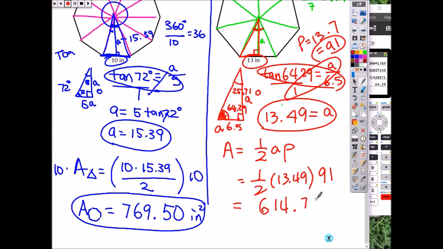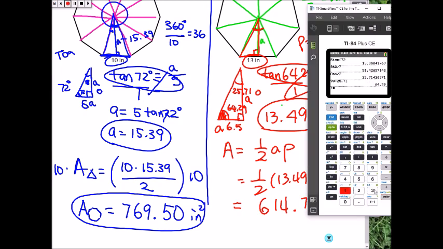614.7. Guys, come on. 13.49 times 91 divided by 2.